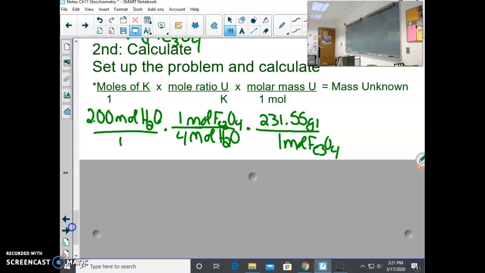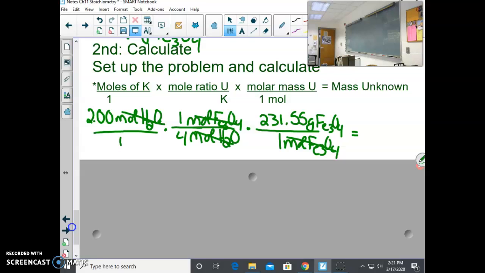231.55 grams black iron oxide, and equals, so double check that we got this right, moles water, moles black iron oxide, moles black iron oxide, and I'm left with grams of Fe3O4, black iron oxide.